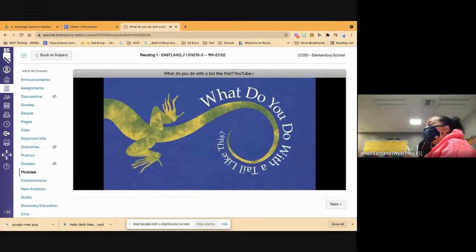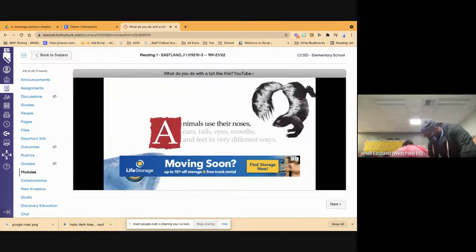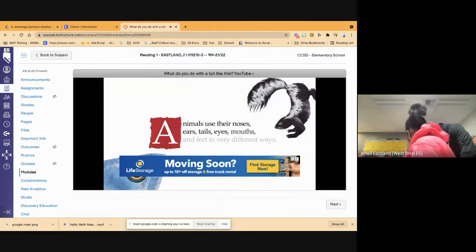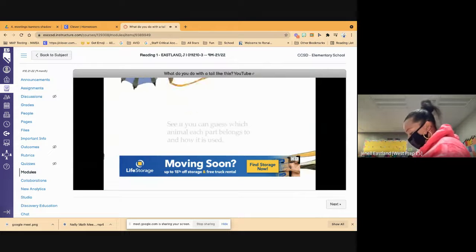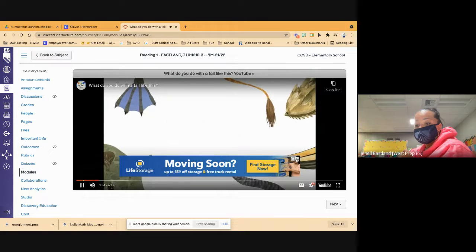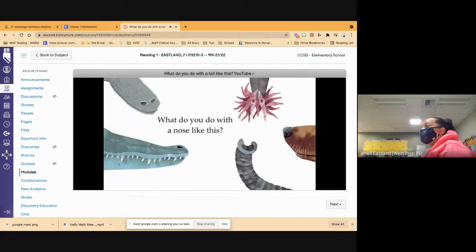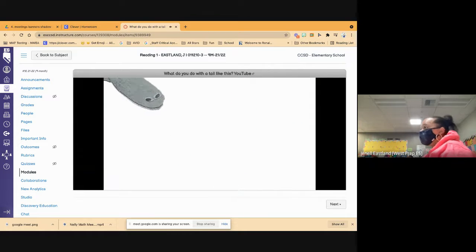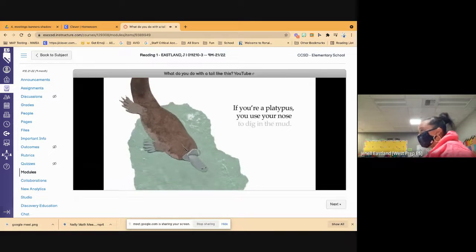What do you do with a tail like this? Animals use their noses, ears, tails, eyes, mouths, and feet in very different ways. See if you can guess which animal each part belongs to and how it is used. What do you do with a nose like this? If you're a platypus, you use your nose to dig in the mud.